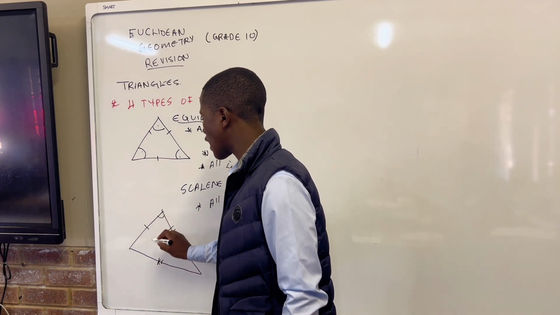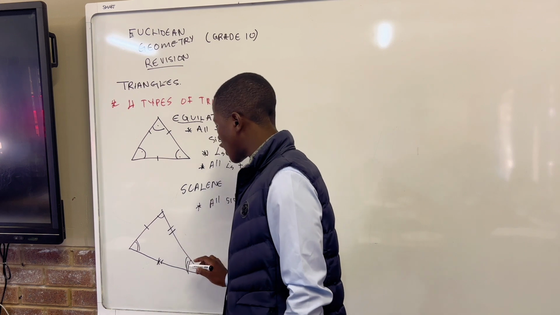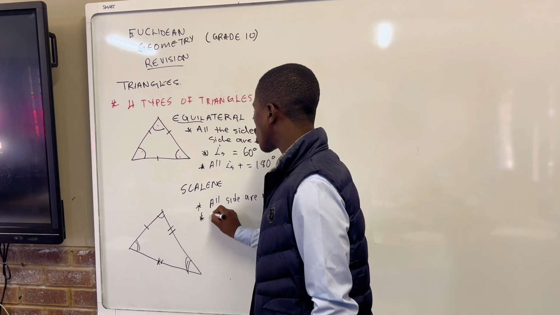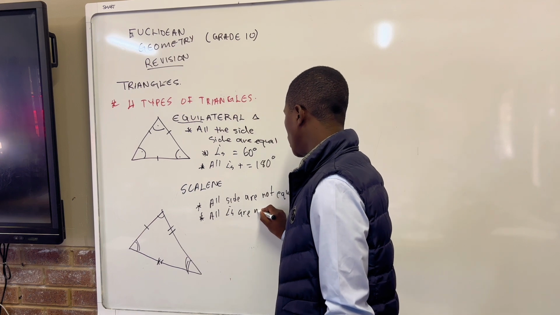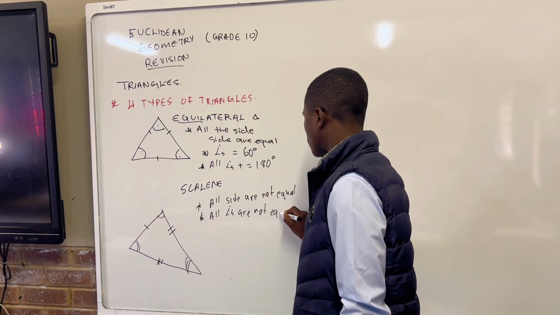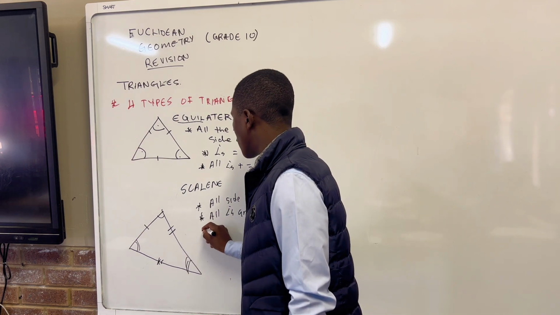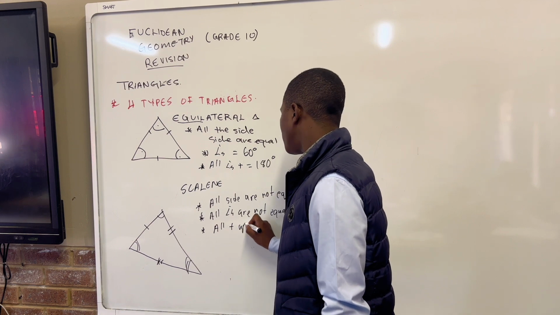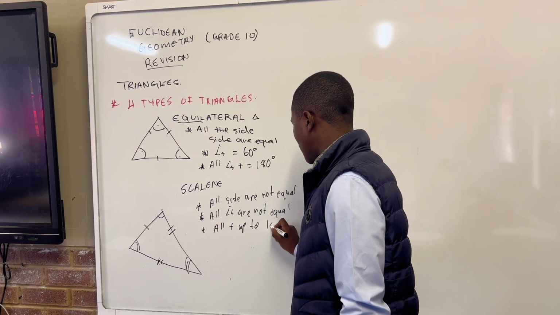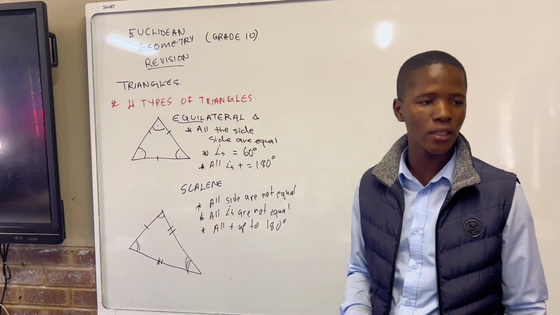Which means this angle is going to be different, this angle is going to be different, and also this angle is going to be different, right? But what is common about all these triangles is that they all add up to 180 degrees. So all your triangles need to add up to 180 degrees.